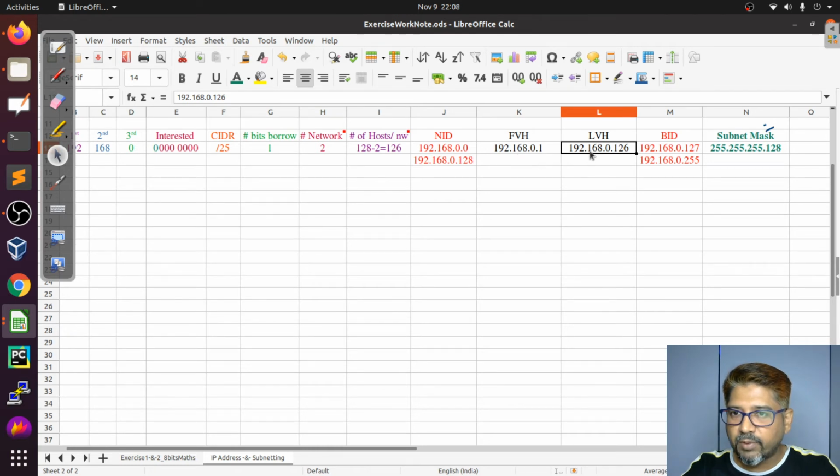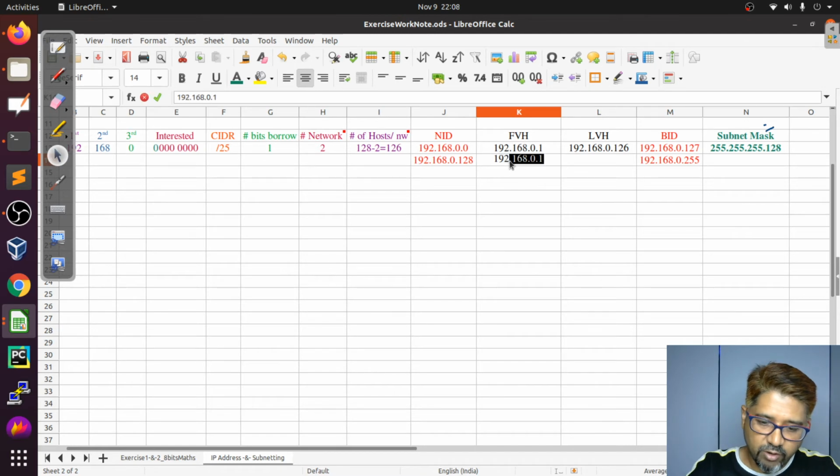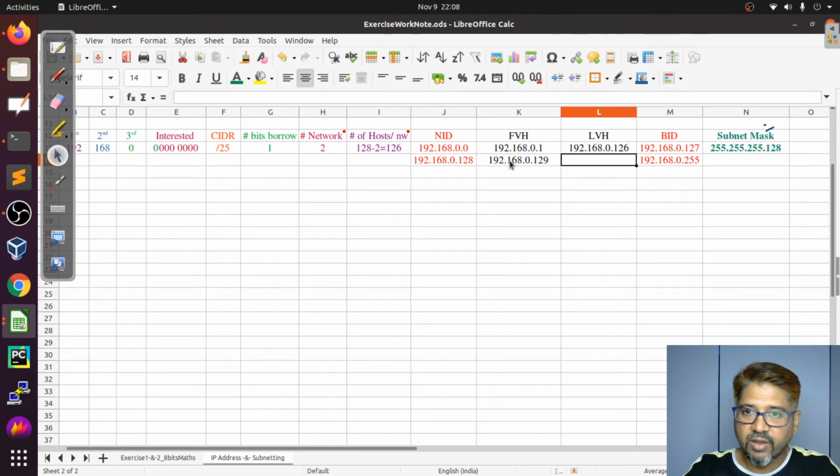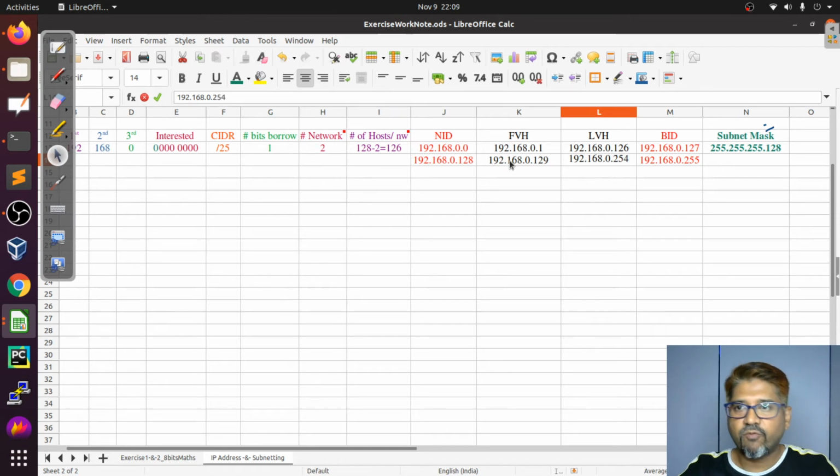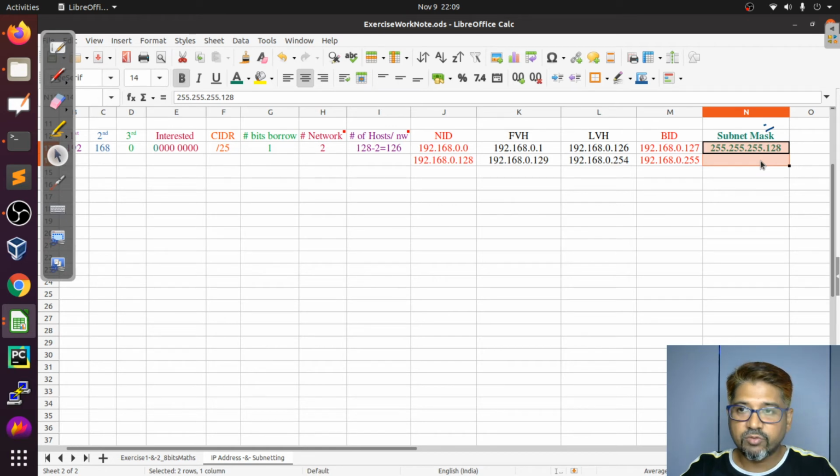All the IPs in between belong to this network with this broadcast. Same way for the second network, the first IP is going to be 192.168.0.129 and the last IP is going to be 192.168.0.254. And of course all these are in the same subnet because they belong to the same subnetting.